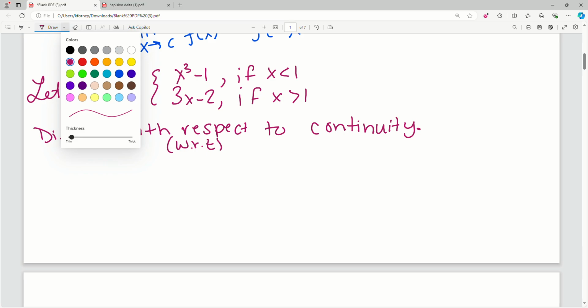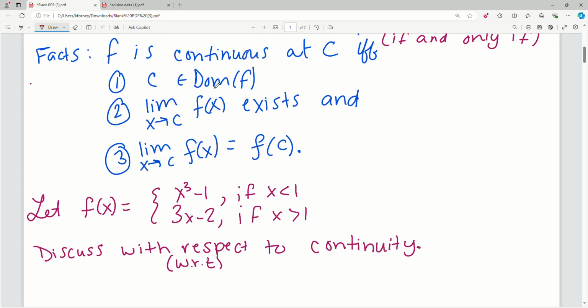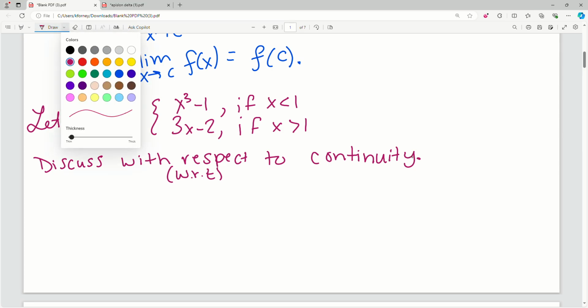So, the first piece is that c has to be in the domain. It has to exist in the domain of f. With continuity, let's ask about continuity at 1.